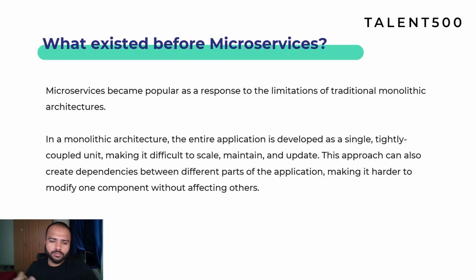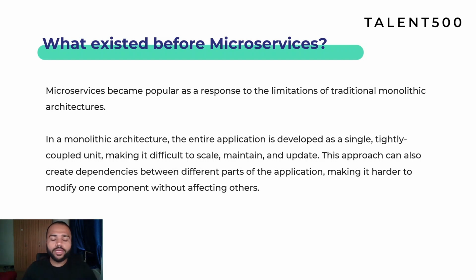They will, because if you are developing it as a single source code, and for reusability of code and things like that, you more often than not will make one component depend on another component, and it is then very difficult to make a change in one component and not affect others.